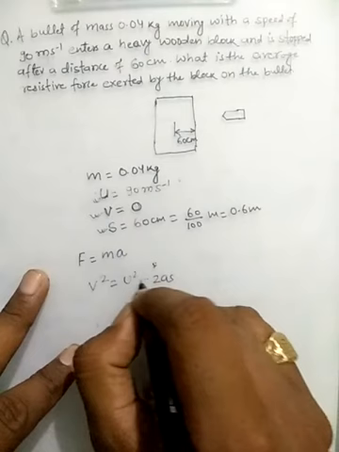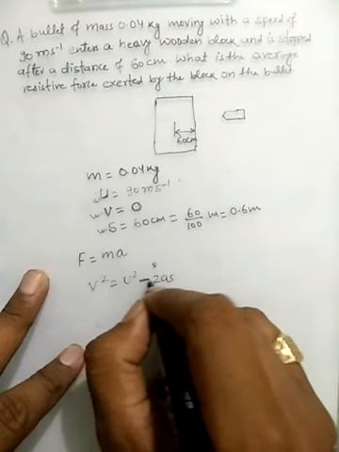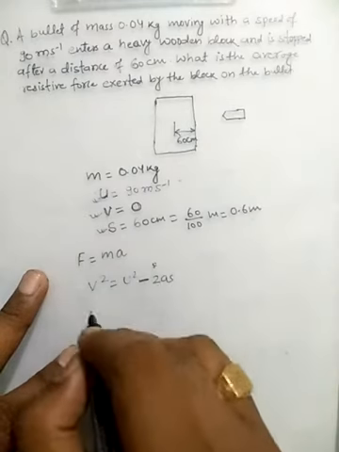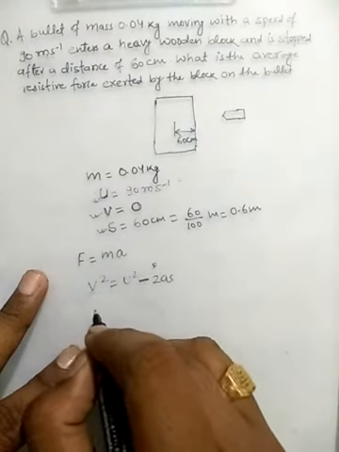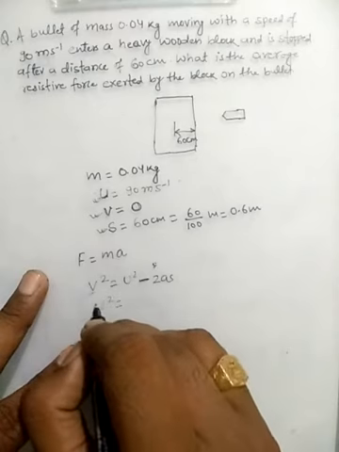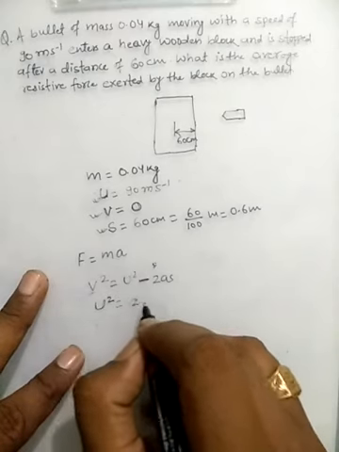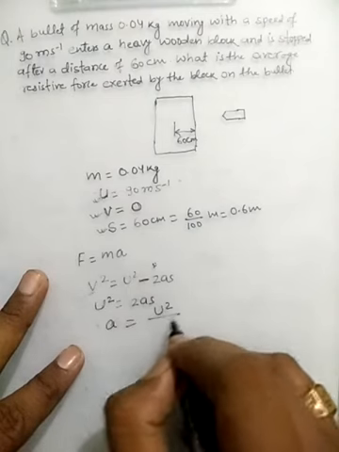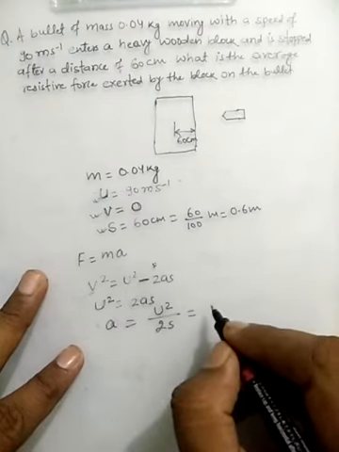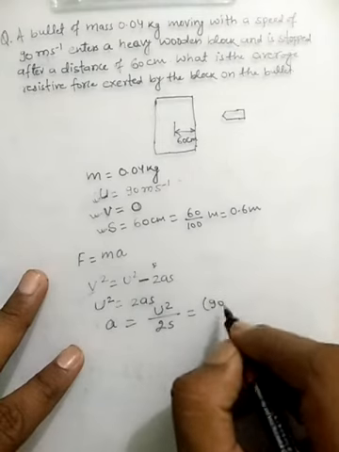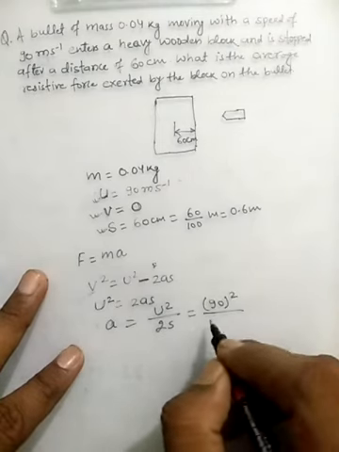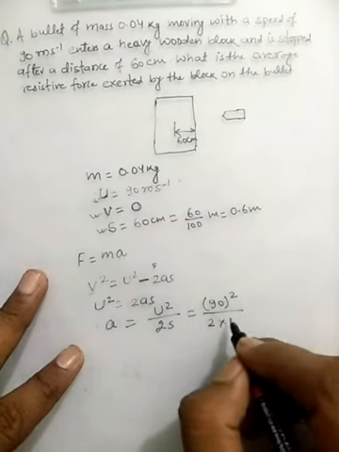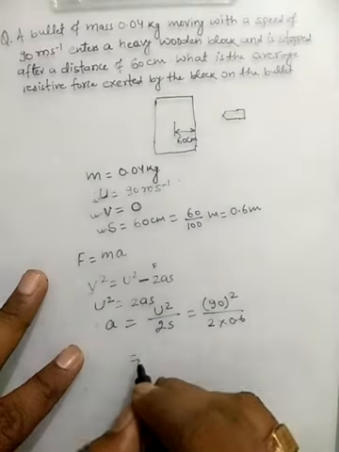Then it can be written as v square equal to u square minus 2as. Here v is 0, then u square will be equal to 2as, and a will be equal to u square upon 2s. u is 90, then 90 square upon 2 into s, where s is 0.6.